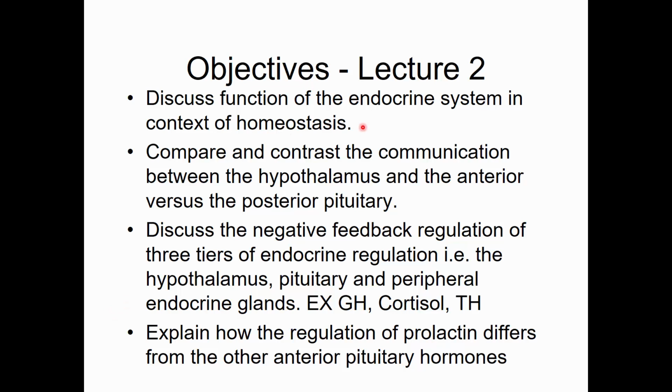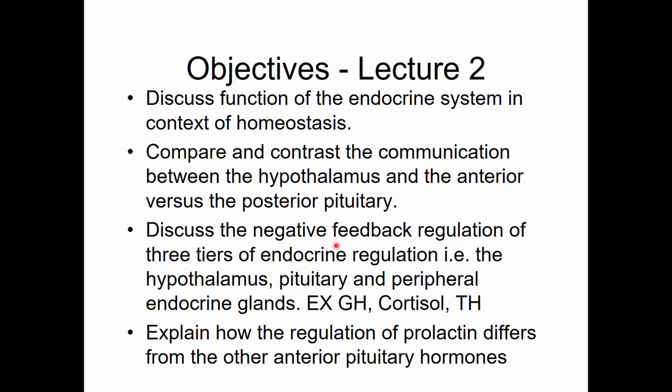So here we have our learning objectives. We want to discuss the function of the endocrine system in the context of homeostasis, so we're going to discuss that concept. We're going to compare and contrast the communication between the hypothalamus and the anterior versus the posterior pituitary.